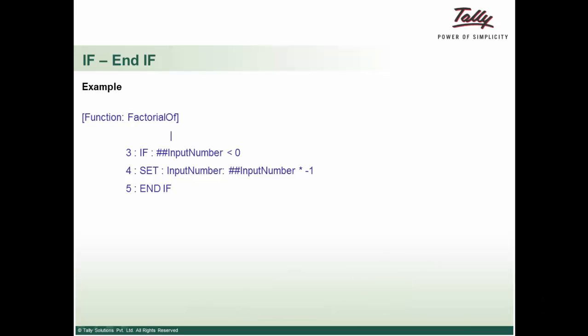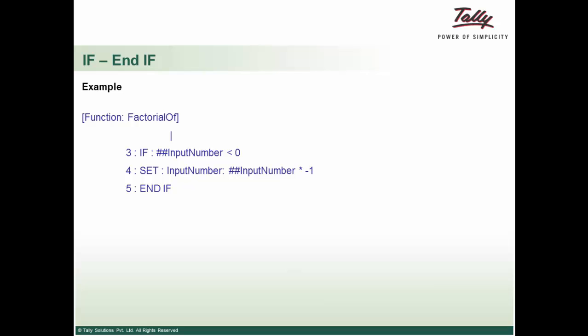If colon condition, set colon variable name colon the value that you want to evaluate, at end if. Every beginning of a loop or conditional statement should have an ending statement. So the moment you write if, end if is mandatory.